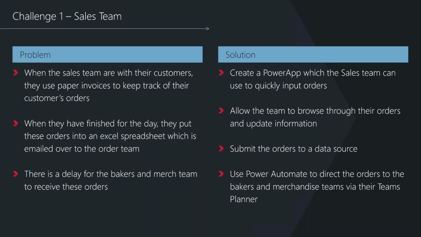We're also using Power Automate to direct the orders to the bakers and the merchandise team via their Teams Planner. Teams Planner might not be the particular tool that you'd want to use, but in this scenario, I'm trying to keep it all in the Office 365 world, and hopefully make the most of what should already be available to you if you already have that Office 365 license.